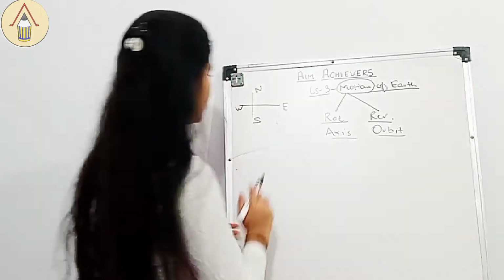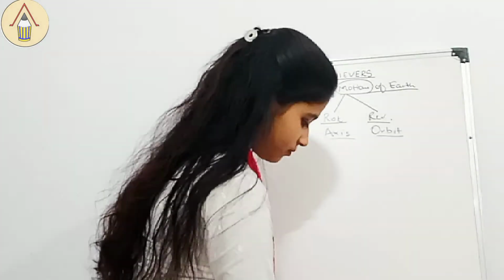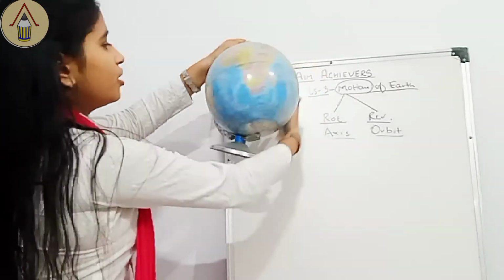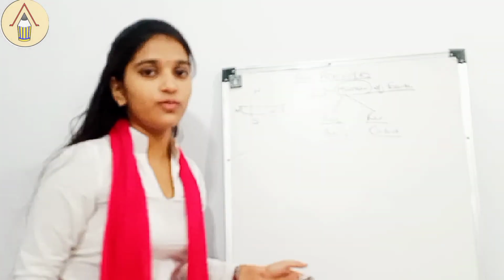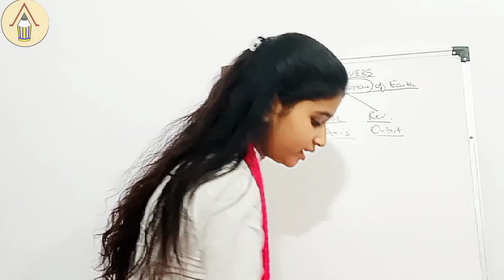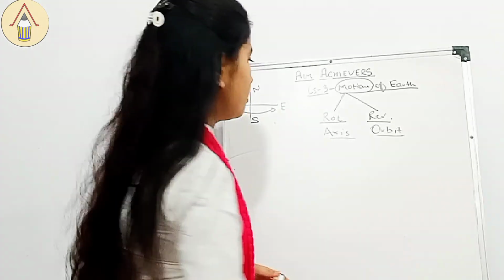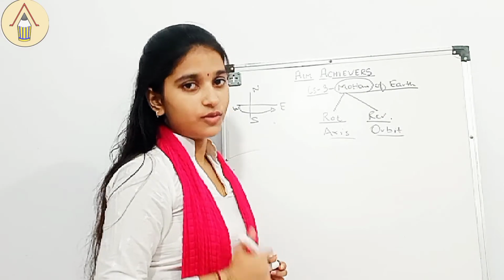So our earth moves from west to east, like this, on its axis. Axis starts from north pole to south pole. It is just an imaginary line on which the earth rotates. Both motions are very important for what earth is today.